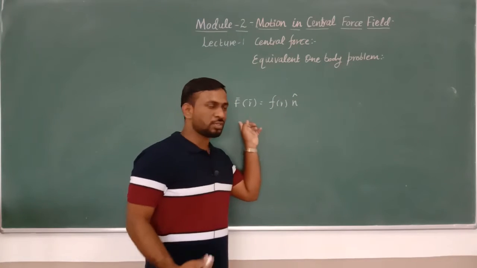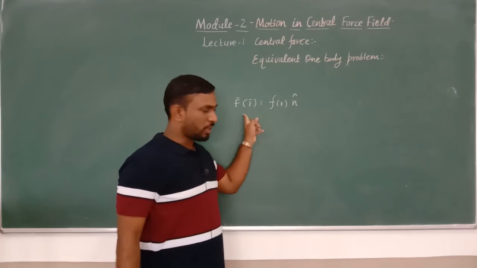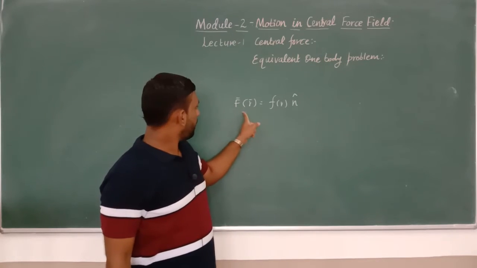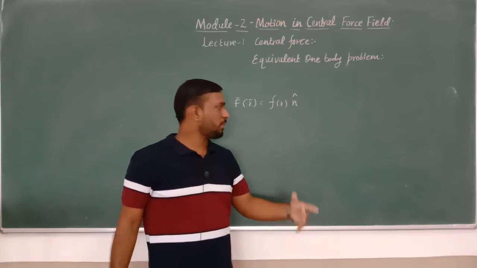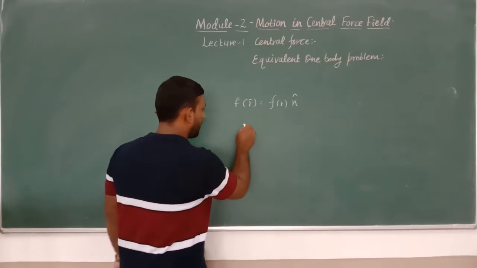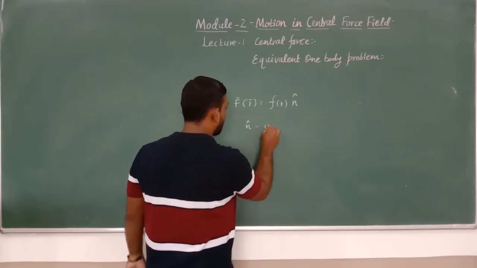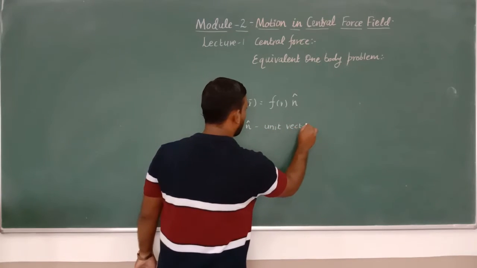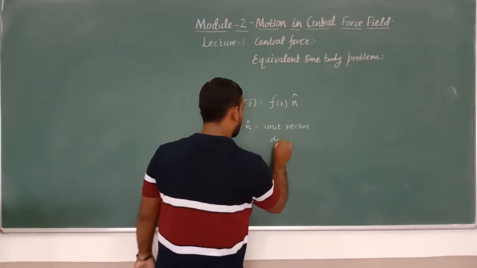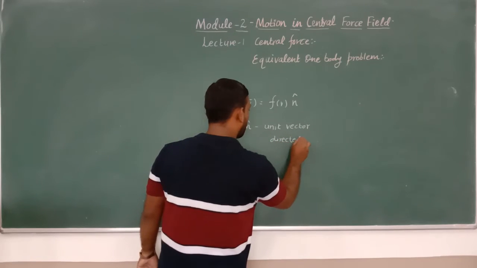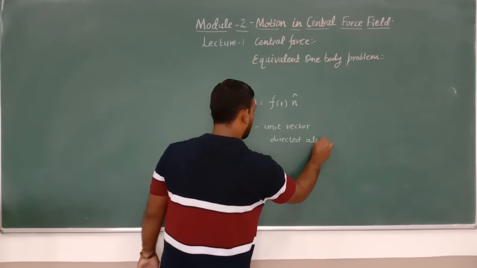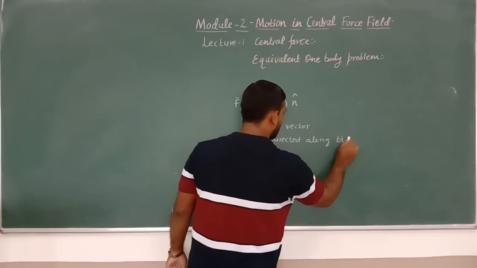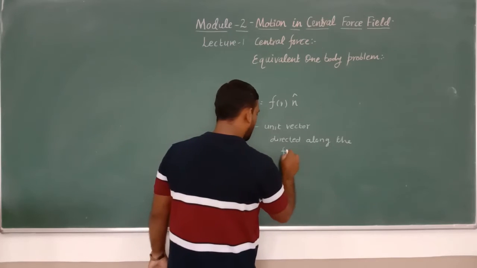Since force is a vector quantity, it is denoted by the vector bar over the symbol F. F of R is the magnitude of the force, and n cap is the unit vector directed along the force direction.